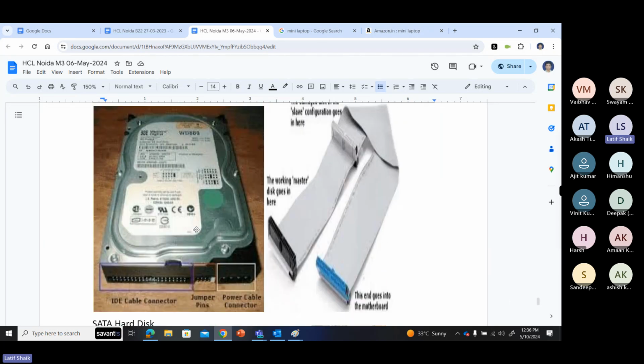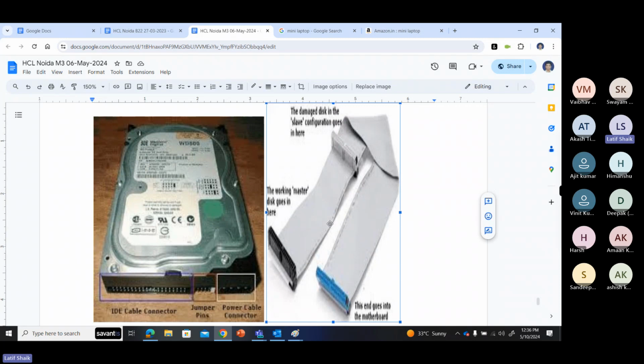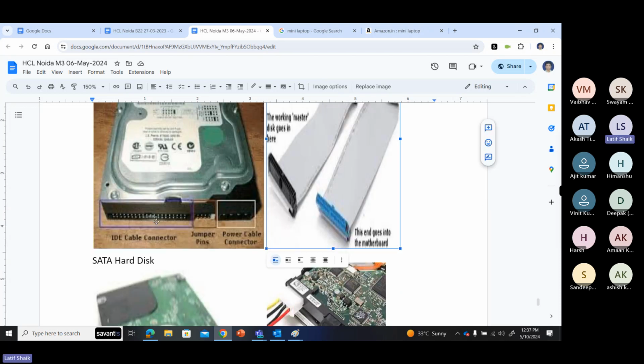When I was learning this hardware, almost 2003 or 2004, these PATA interface hard disks were there. It was very difficult to connect and very difficult to remove. If one of the pins is bent, you can forget about the disk. There are a lot of techniques so that the pin should not be broken.